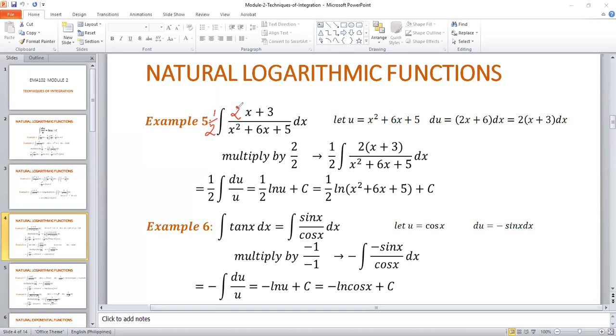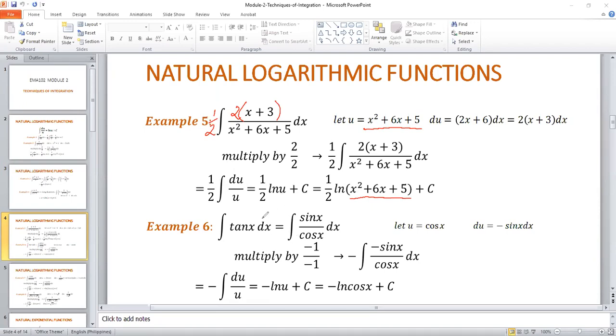So it's just like multiplying by 2 over 2. So now you have everything complete. So this is your u. The derivative is 2 times the quantity x plus 3 dx in the numerator. So it's an ln of u with 1/2 as the multiplier. So you have 1/2 ln of, what is the u in the first place? This one. So you just copy it, you just place it in here. So 1/2 ln of x squared plus 6x plus 5.